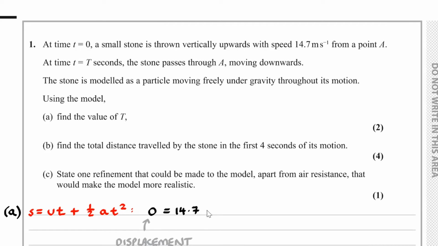We multiply this by t, and then we have the particle which is moving freely under gravity.